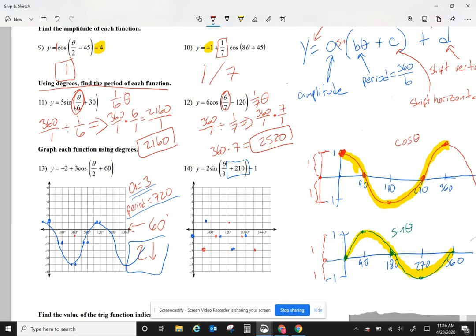So my graph should look like that. That's how my graph should look like.